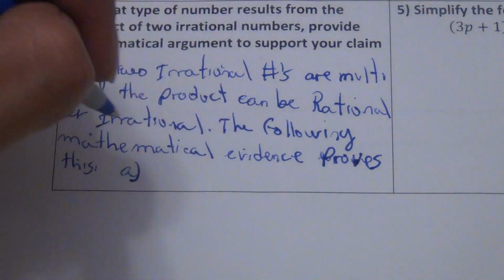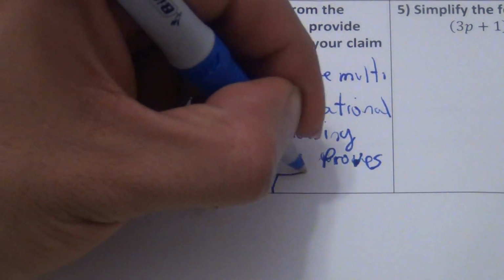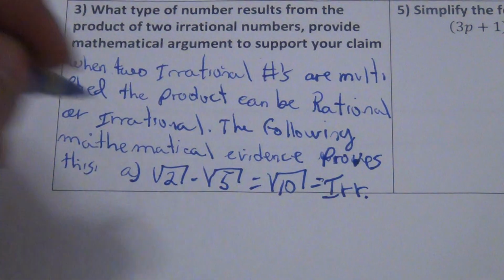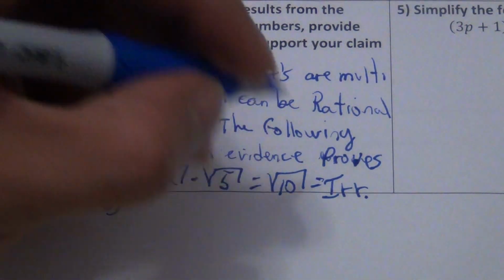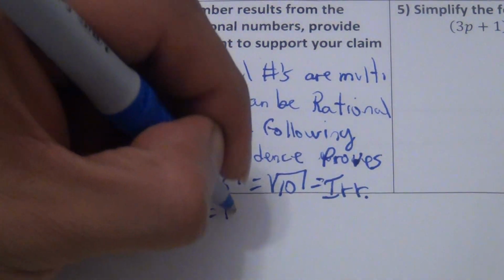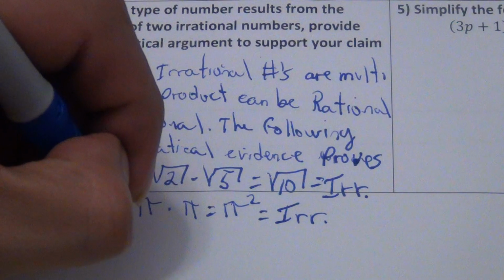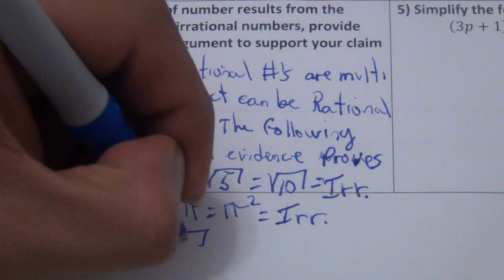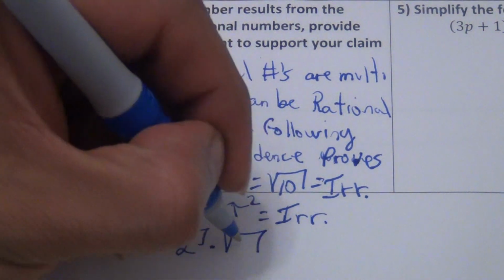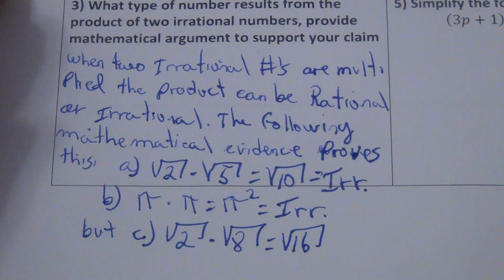Okay, example A. Radical 2 times radical 5 equals radical 10, which is irrational, right? Example B. Pi times pi is pi squared, which is irrational. Okay, so far. But in example C, radical 2, which is irrational, times radical 8 is equal to radical 16, right?